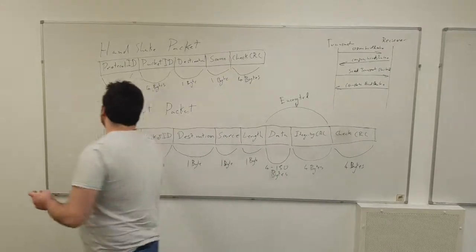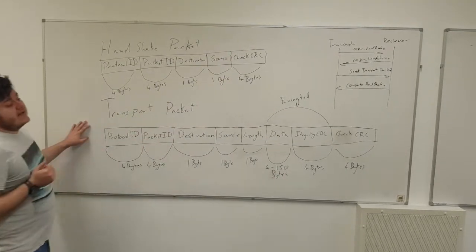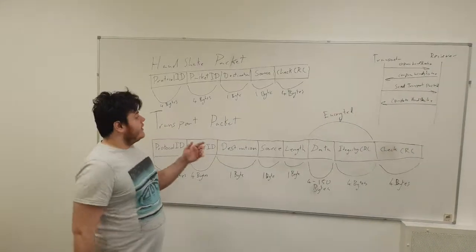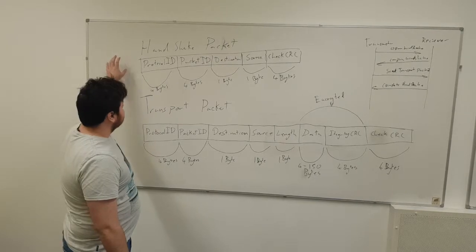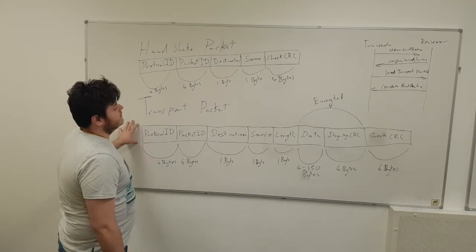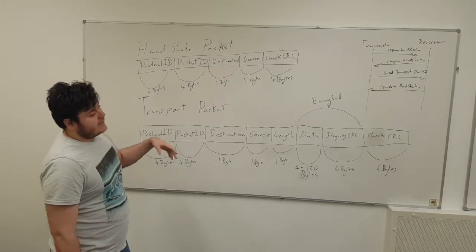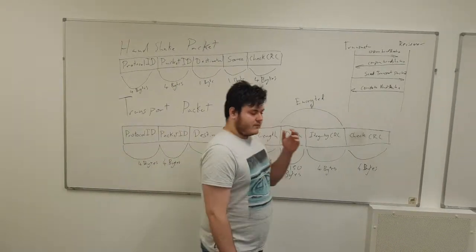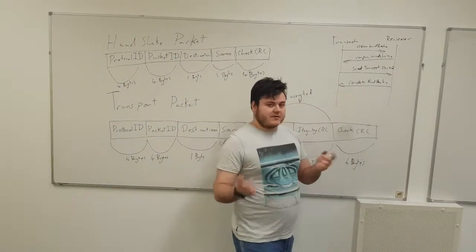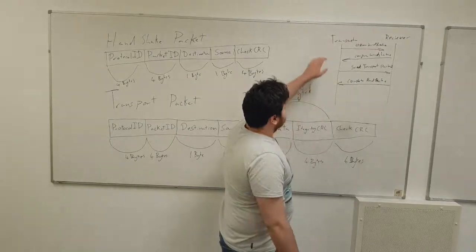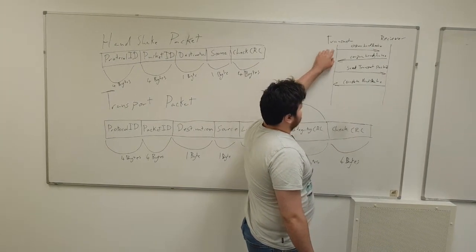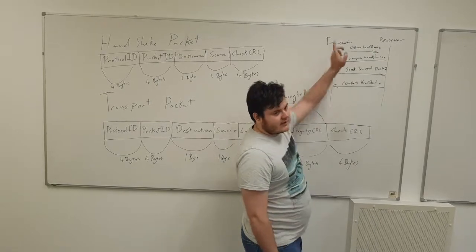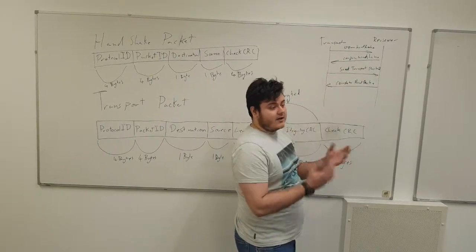So this is the design for the protocol that we ended up using. As you can see, we've got two main packets: a handshake packet and a transport packet. The idea being that when any communication happens between any of the nodes, the transmitter will first do an open handshake to the receiver and ask, are you there?